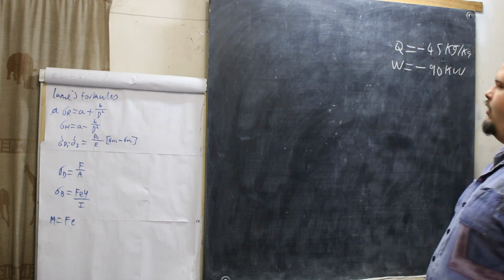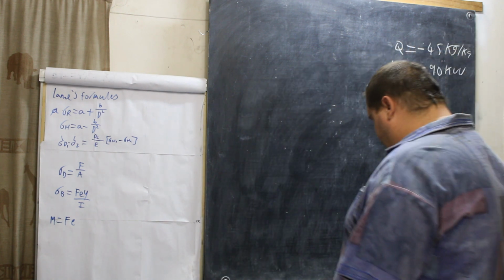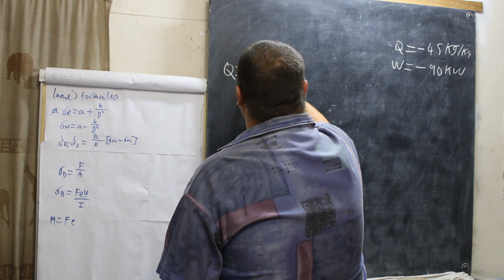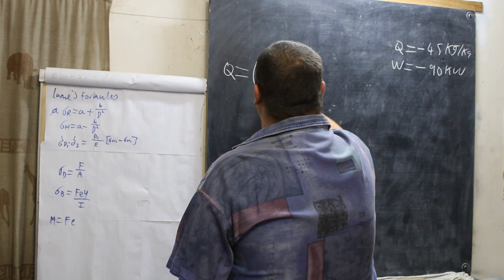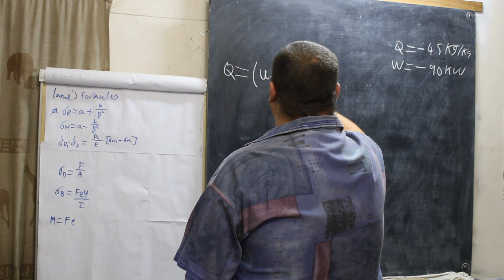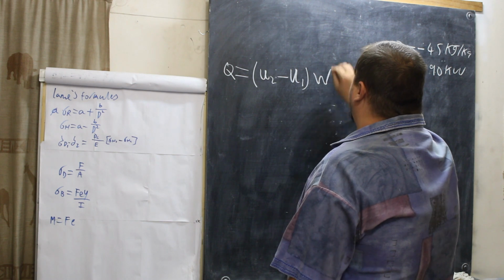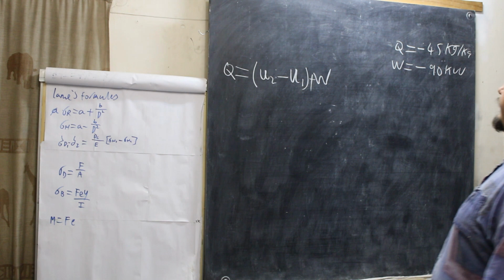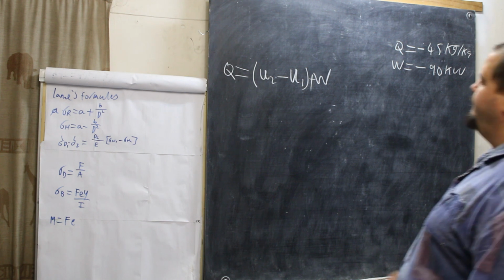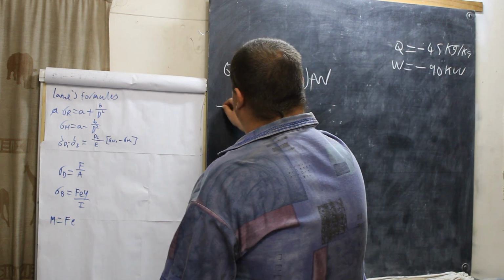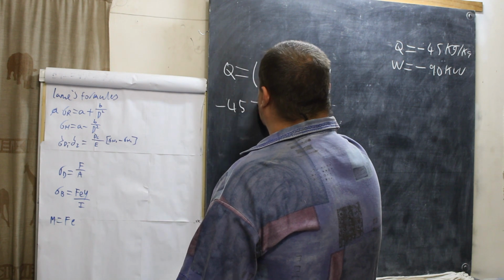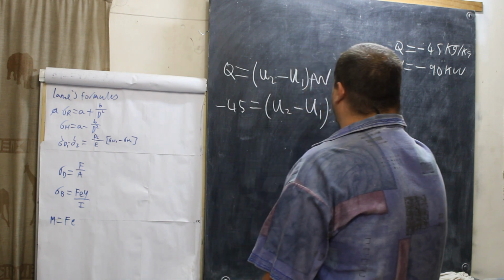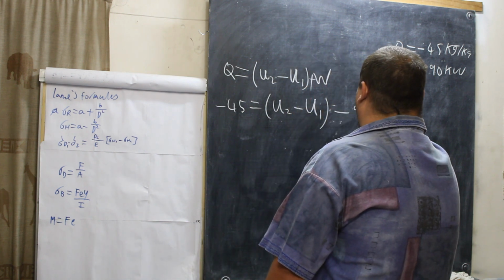So what we have to do is our formula works like this: Q equals U2 minus U1 plus work. Now, what we have here is minus 45 equals U2 minus U1 minus 90.